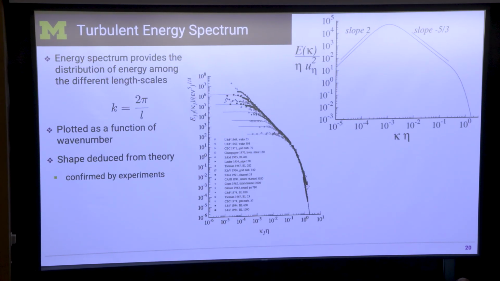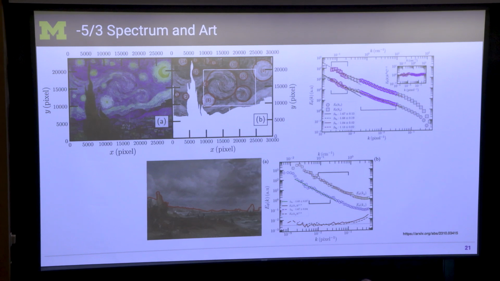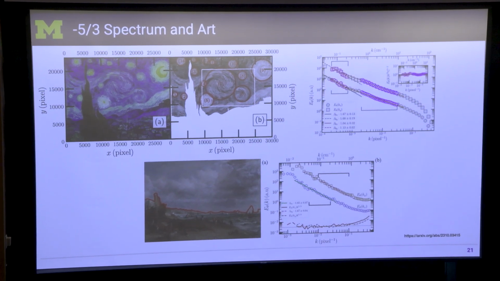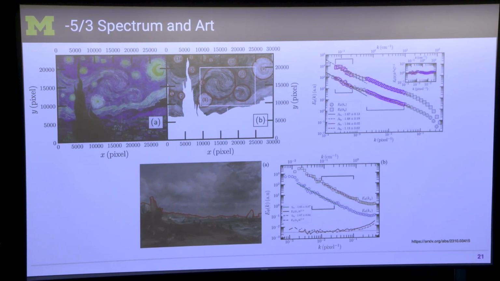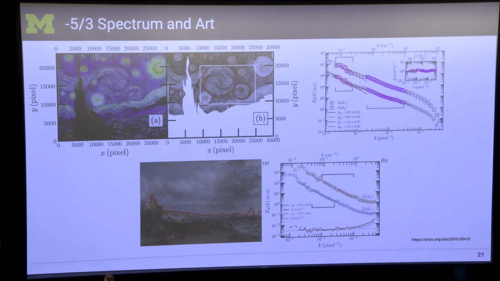Now, I used to think this is some remarkable thing, that you get a minus 5/3 slope. And then there are all these papers, and my colleagues tell me that there are more papers elsewhere where you can take, do you guys know what this painting is? It's by Van Gogh, right? His Starry Night. I was told it sits in the New York Metropolitan Museum of Art, of Modern Art, yeah.